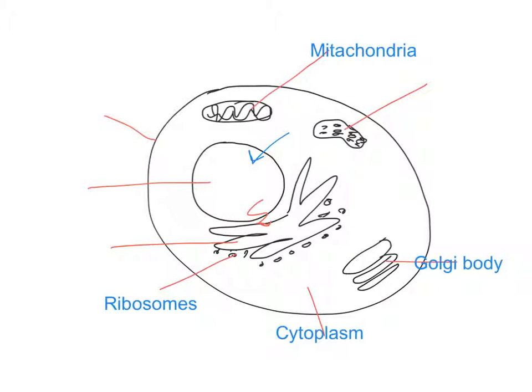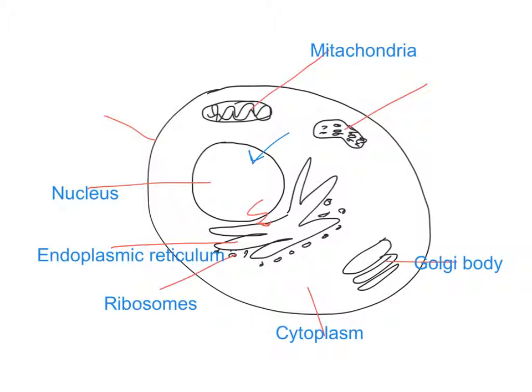So to fill in a couple of these things, this is the endoplasmic reticulum. The endoplasmic reticulum is quite important in that it feeds through that RNA, and that's the main thing we need to know about it for Year 10 science. Our nucleus here is really important in that it holds the DNA.